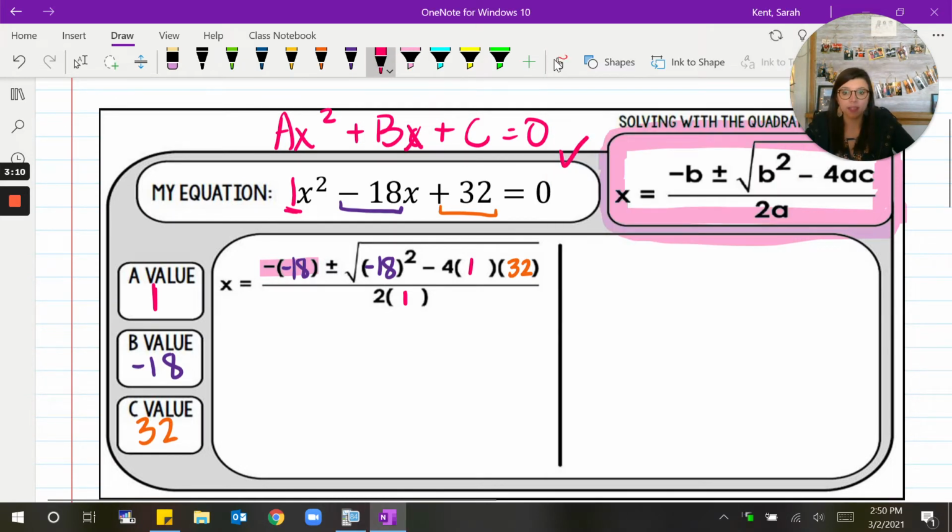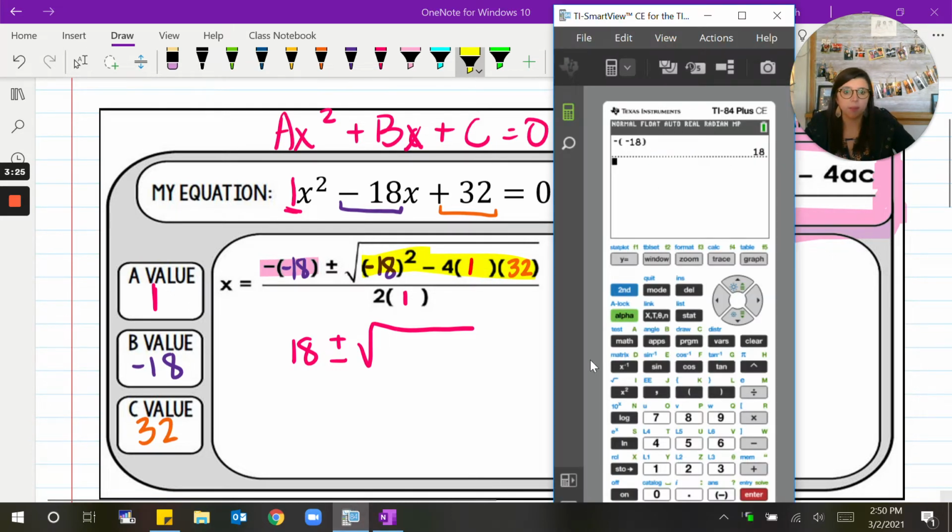So I will write down here 18, and then I'll bring down this plus or minus and the square root, and then I'm going to put all of this in the calculator. So I'm going to do parentheses, negative 18 parentheses squared minus 4 parentheses 1, 32.